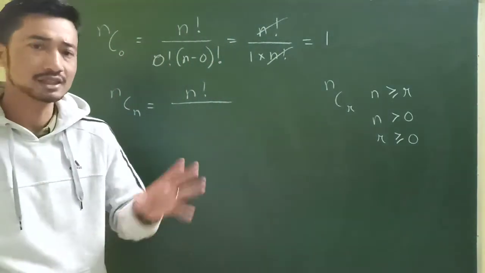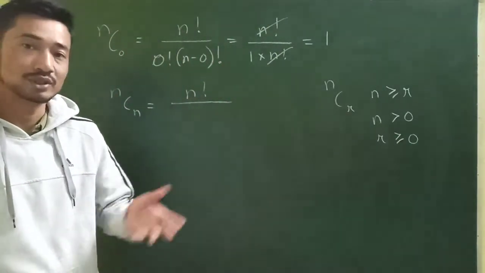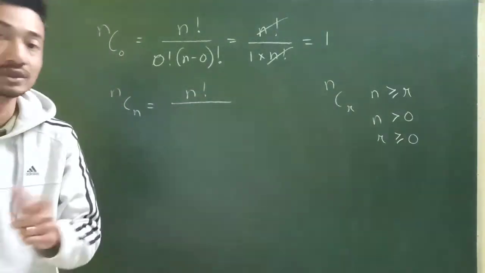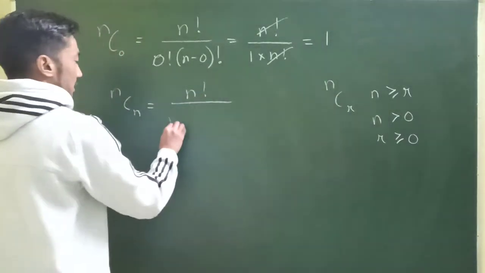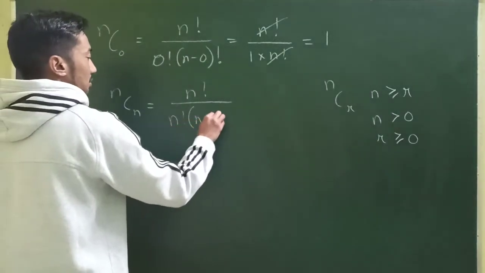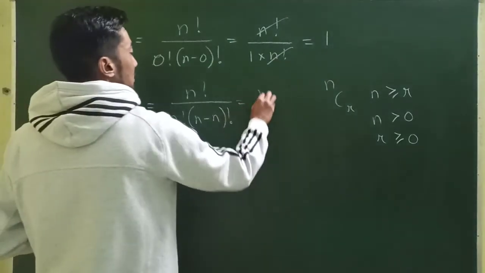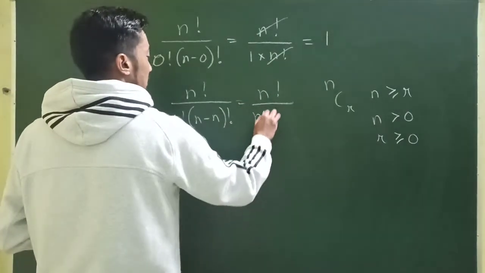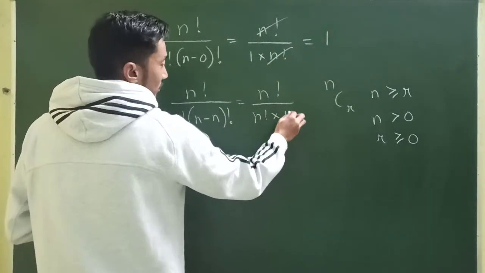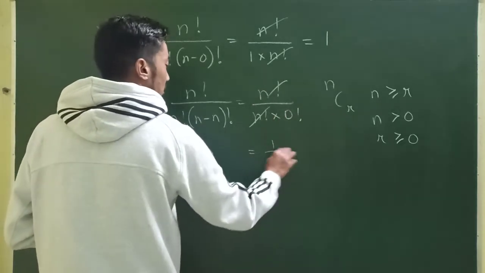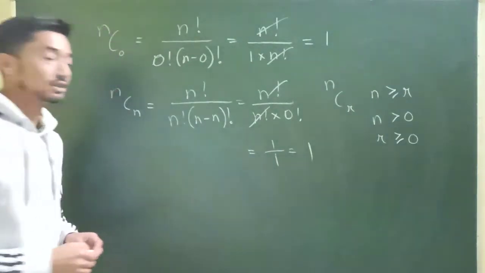These are very rare cases when r is equal to 0; otherwise it's always greater, but r cannot be greater than n. You know that, right? So n factorial over n minus n factorial, because the value of r is also n here, that is n factorial into 0 factorial, which is 1 by 1. So nCn is also 1.